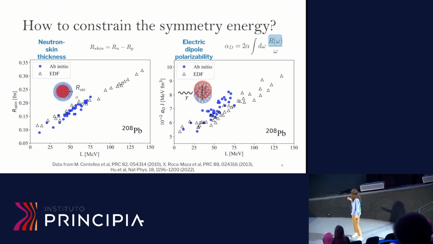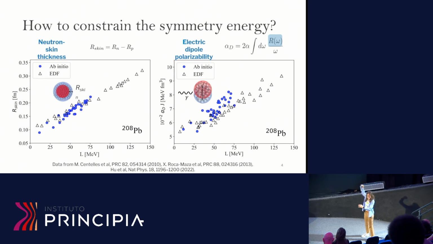Like in this case, with respect to energy density functional theory, it looks like chiral EFT interactions are actually constraining the values of the polarizability up to a certain point. This was something that was noticed also in the case of the skin, as you can see here. In any case, ab initio calculations arrive only up to a certain point, so they are more concentrated on low values of L. That's definitely something that enters here.